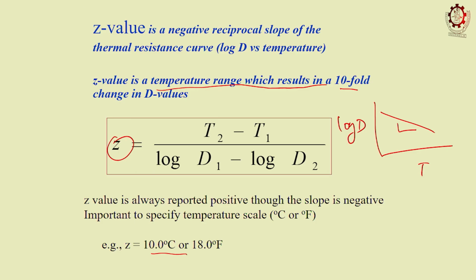Now, some of these concepts, D value, Z value, remember these are not modern concepts. These concepts were developed probably in the 1920s and 30s, and we are still using them, adapting over time. So that means these tend to be a little bit more empirical.